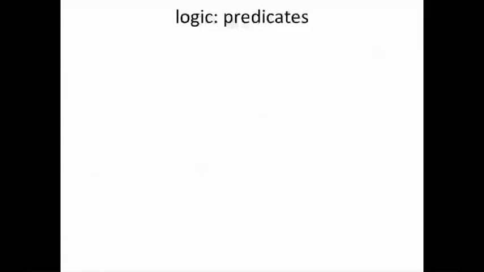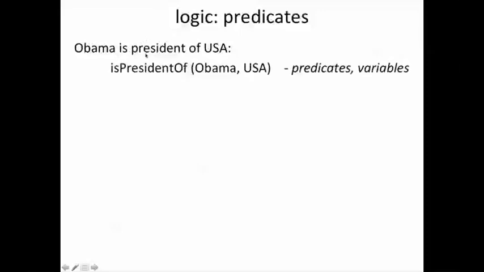We were dealing with statements or propositions which were essentially statements of fact and nothing more or less than that. But as we have seen before, we are dealing with statements which are a little bit more complicated. Obama is the president of USA is actually stating a relationship between an entity Obama and another entity USA, and that relationship is that one is the president of the other, which could be written in this form.